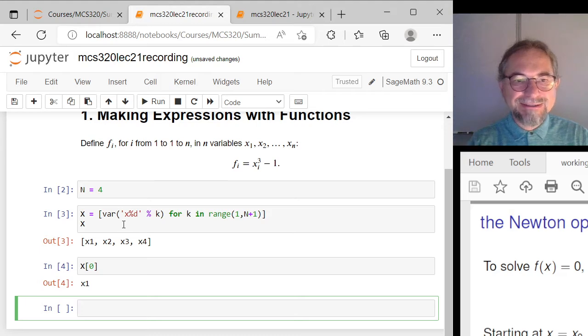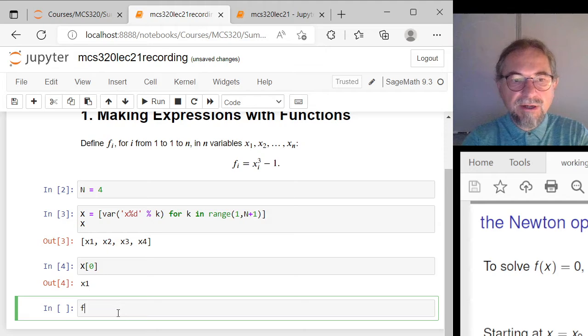I make a string that is parameterized by the decimal representation of the integer k. So this is the percent operator, which formats the internal binary representation for the integer k into the decimal format. So we see 1, 2, 3, 4.